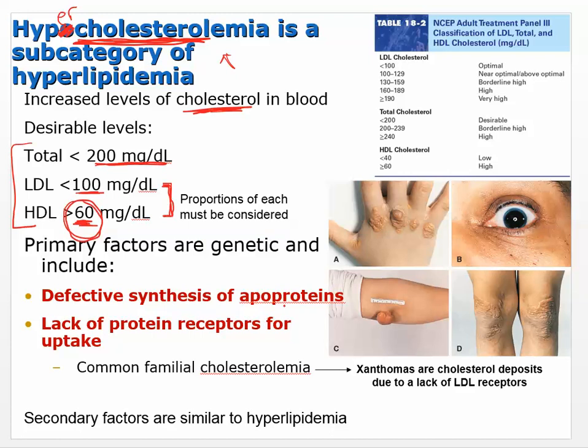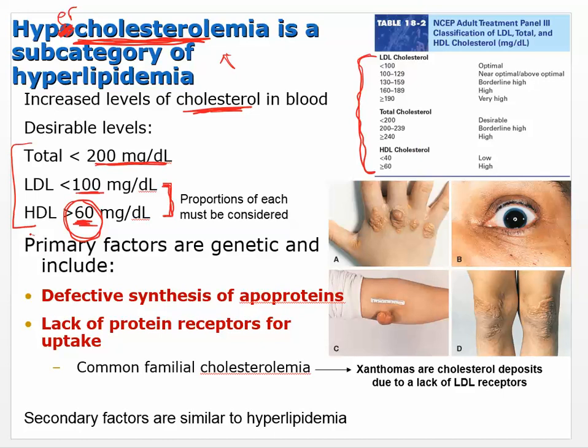Research shows you're probably going to be okay. Here's the graph from your book that breaks it down more specifically into categories: borderline high, high, very high.